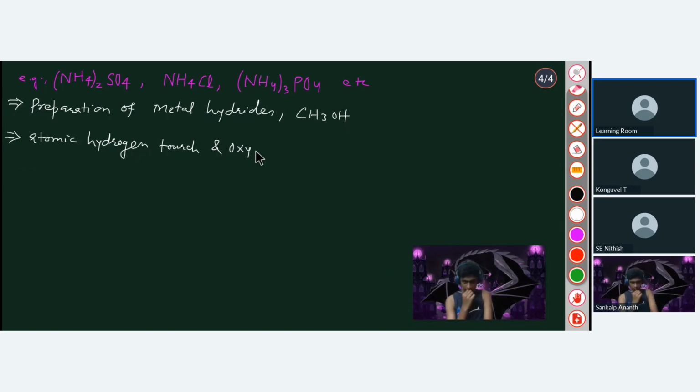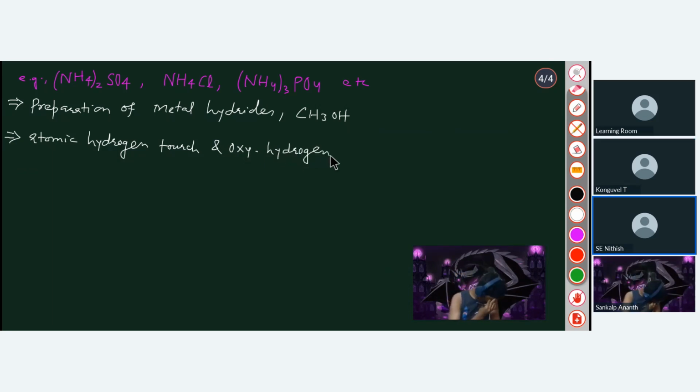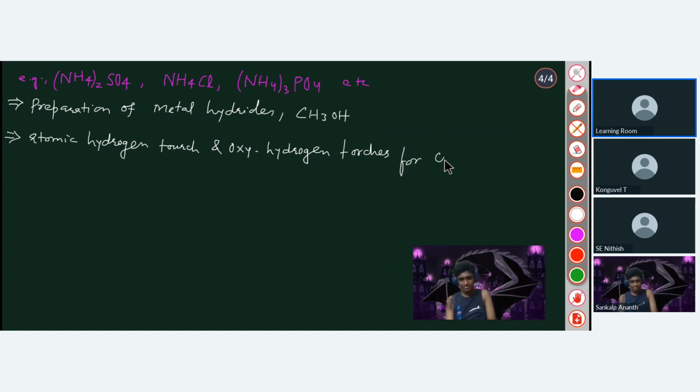They are used for cutting and welding purposes. You put on black glasses so your eyes won't get hurt, because it is very bright. For welding of chains, for cutting of iron, right? Yes, exactly, for cutting and welding purposes.